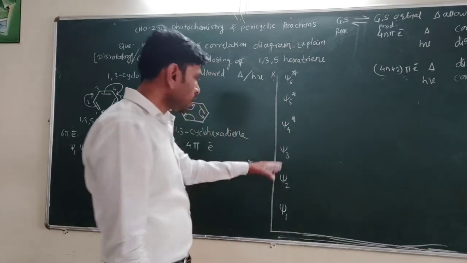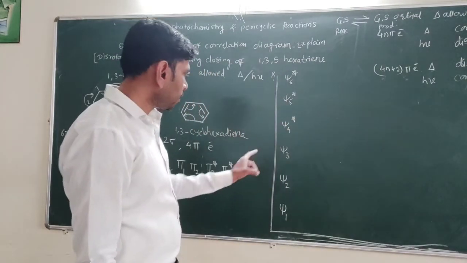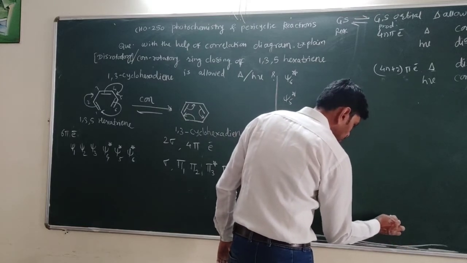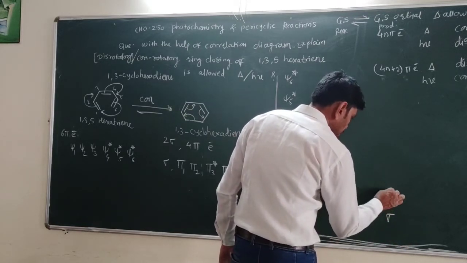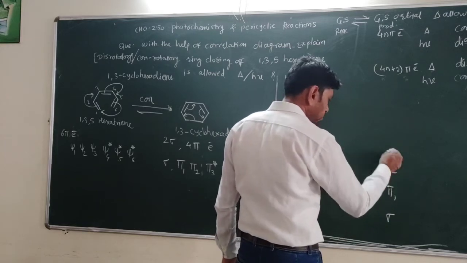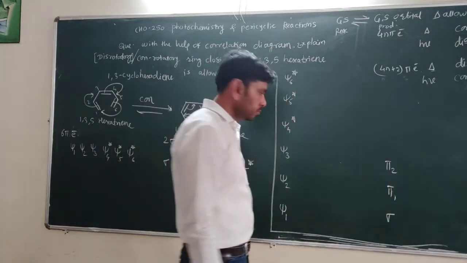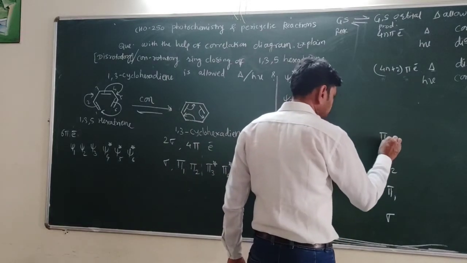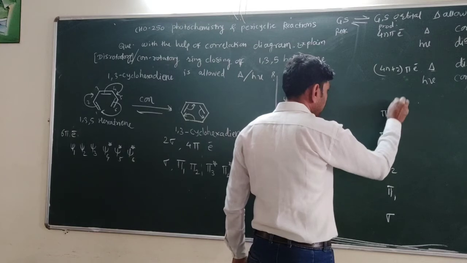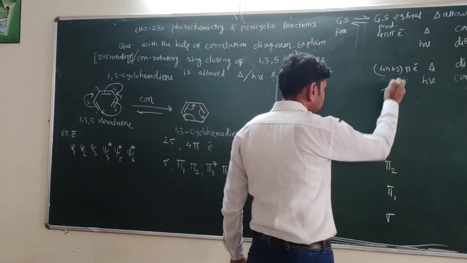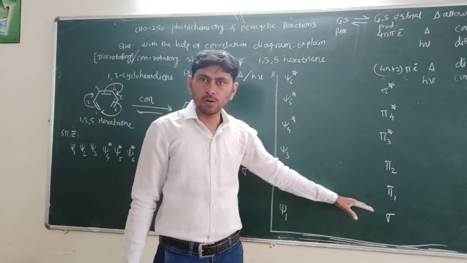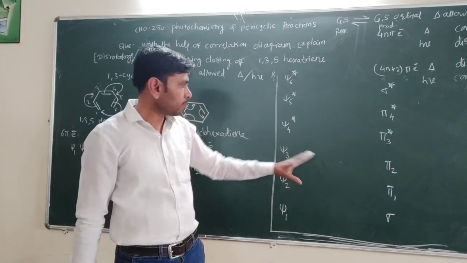So these are the reactant orbitals. Now the product orbitals are sigma, pi 1, pi 2, which are bonding orbitals, and then pi 3 star, pi 4 star and sigma star. These are anti-bonding. 3 anti-bonding orbitals, 3 bonding orbitals.